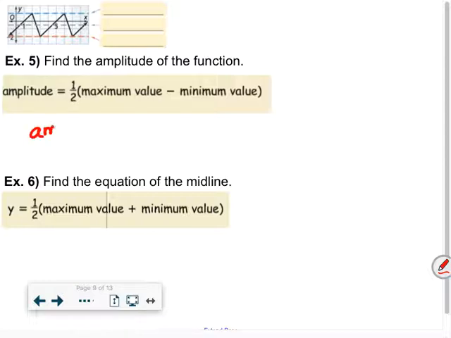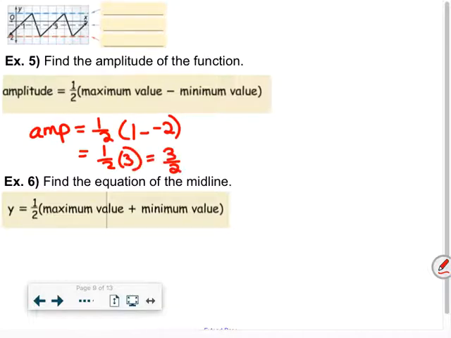So we abbreviate amplitude as amp. So it's 1/2 times 1 minus -2. So the amplitude is half of 3, or 3/2. You can say 1.5, that is okay.